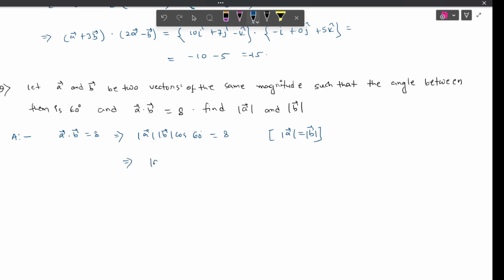So modulus of A square times cos 60, which is half, equals 8. So modulus of A square is 16, and the square root of 16 is 4. That should equal modulus of B. That's all we have to find out.